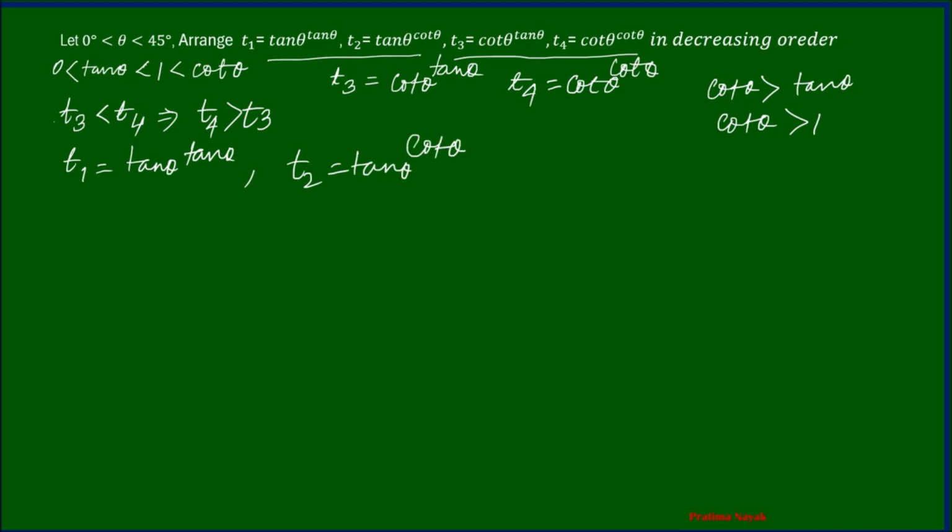Cot theta is greater than tan theta, and the value of tan theta is less than 1. So that means T1 is greater than T2. So we got a relation: T4 greater than T3 and T1 greater than T2.